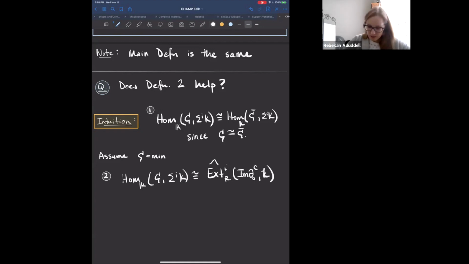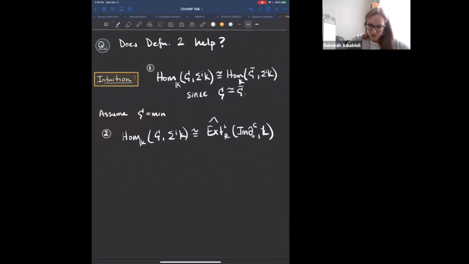I'll briefly talk about what this Tate Ext is. It's very similar to the normal Ext. The distinction is that instead we take a complete resolution of the module in that first slot. A complete resolution in this case is just C.